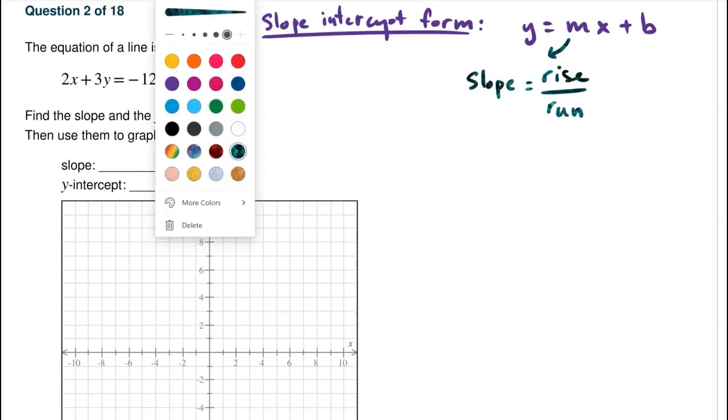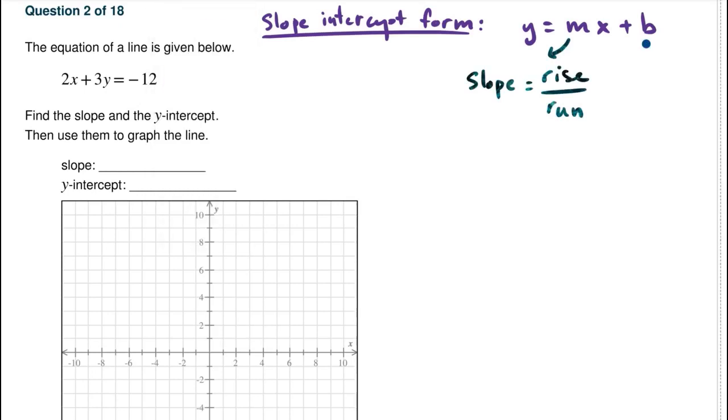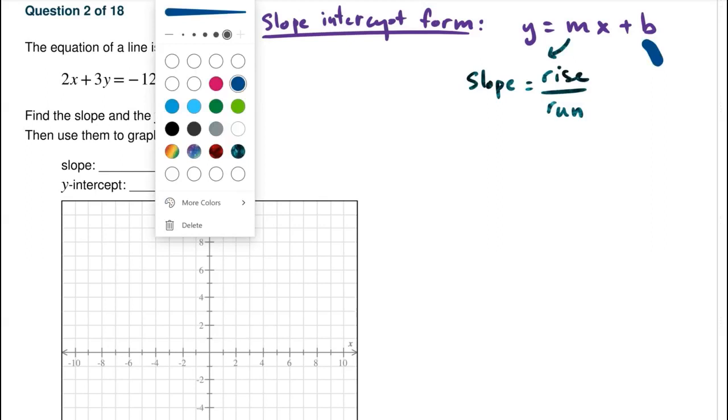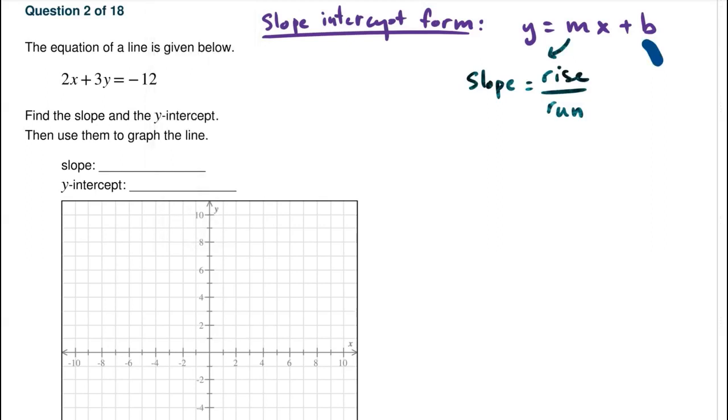B is the y-intercept, or the beginning. And as always, the y-intercept has an x value of 0.